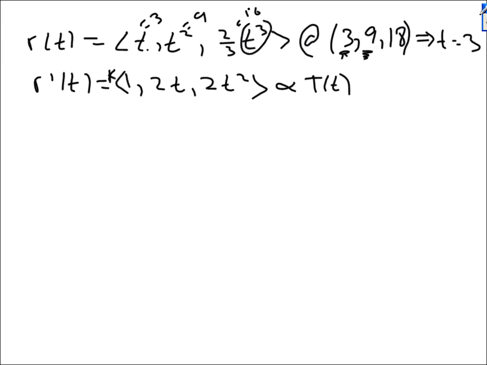Now, k of course is 1 over the length of r prime. I don't need that, okay? So now, t of 3 is proportional to, just plug in 3 for t. You get 1, 6, 18.